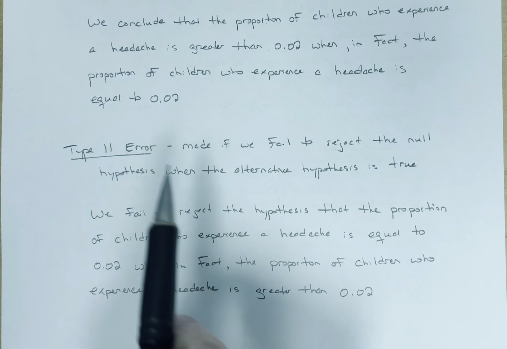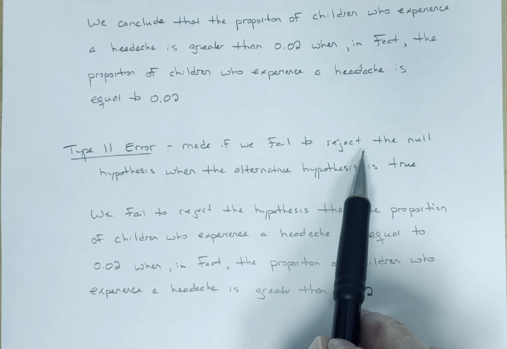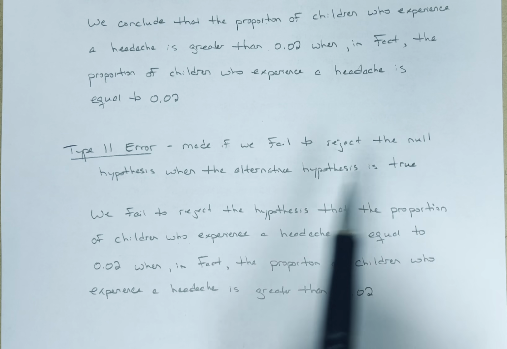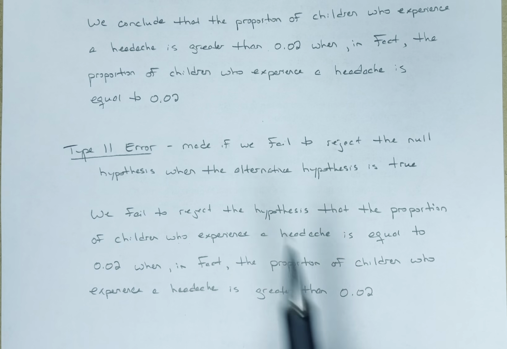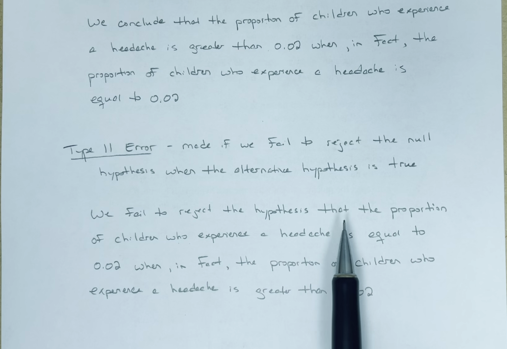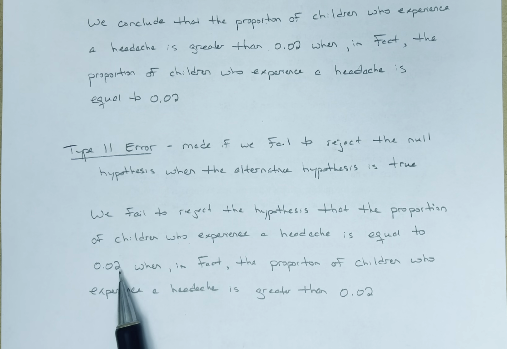Okay, so again, a recap here, a type 2 error is made if we fail to reject the null hypothesis when the alternative hypothesis is true. In this case, we fail to reject the hypothesis that the proportion of children who experience a headache is equal to 0.02, when in fact the proportion of children who experience a headache is greater than 0.02.